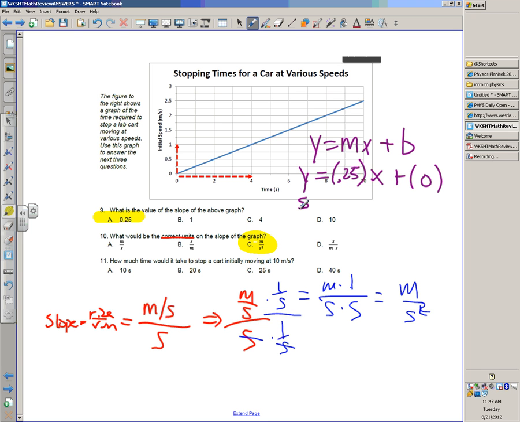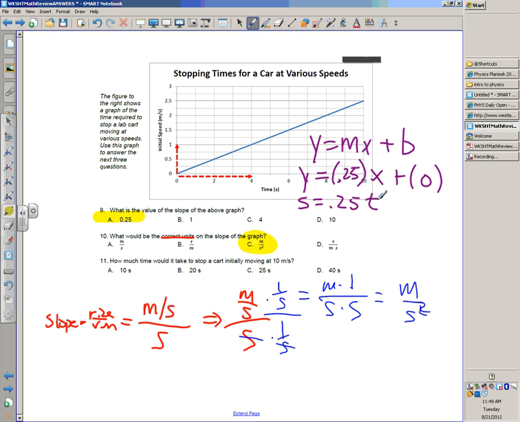We'll say speed is equal to 0.25, because that's the slope. And then what are we measuring on the x-axis? Time. So instead of x, we'll just call it t. It's time, right? Plus b, which just happens to be what? 0.